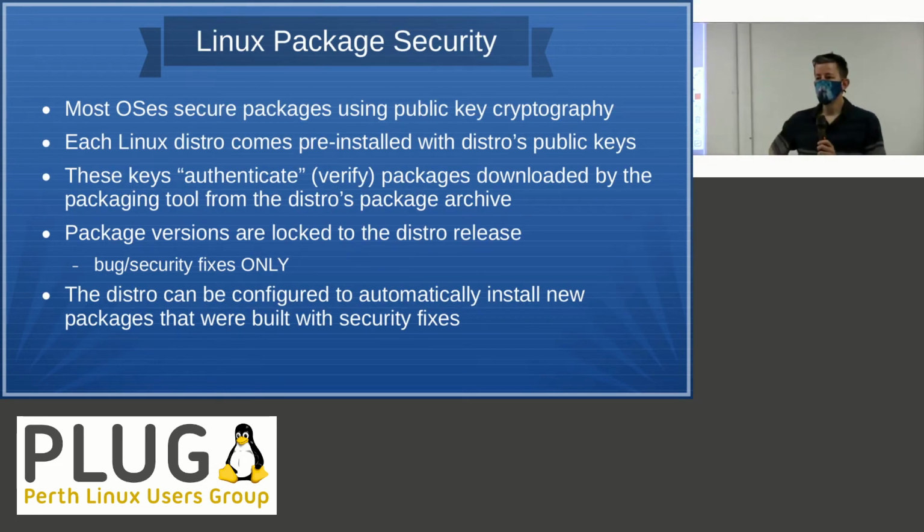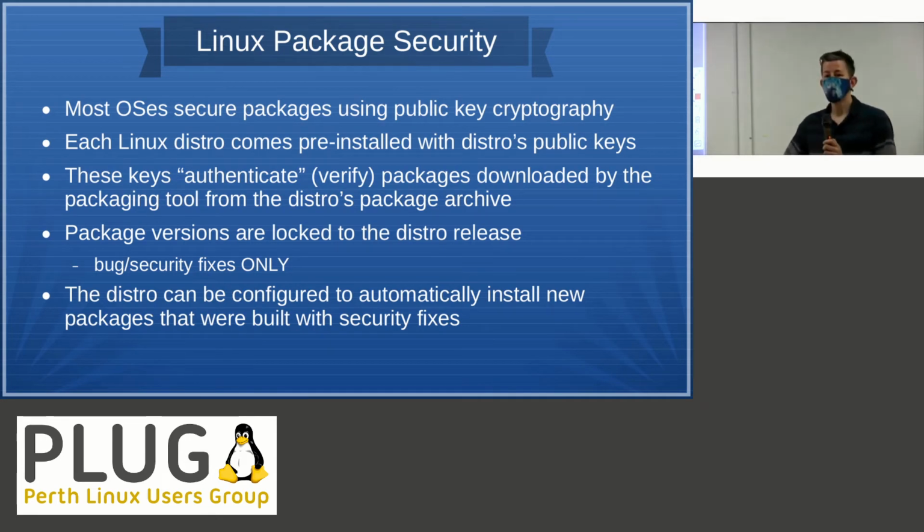The way Linux distros do package security is important because you want to make sure that you're always installing the legitimate version of whatever software was created and built for your release. And public key cryptography is a good way of doing this. For example, Debian and Ubuntu, which is based on Debian, have a bunch of public keys, as in GPG-style keys and PGP, installed when you actually install the OS off the installation media, or you get a VPS in the cloud.